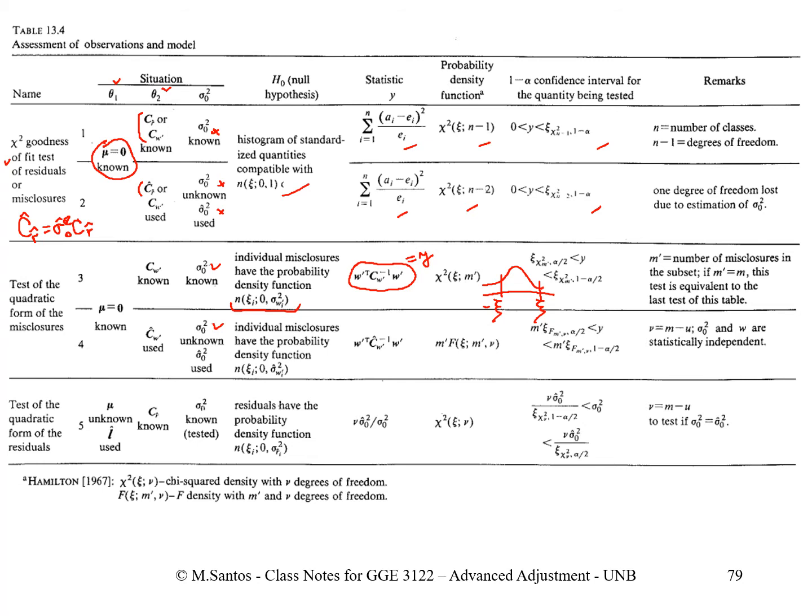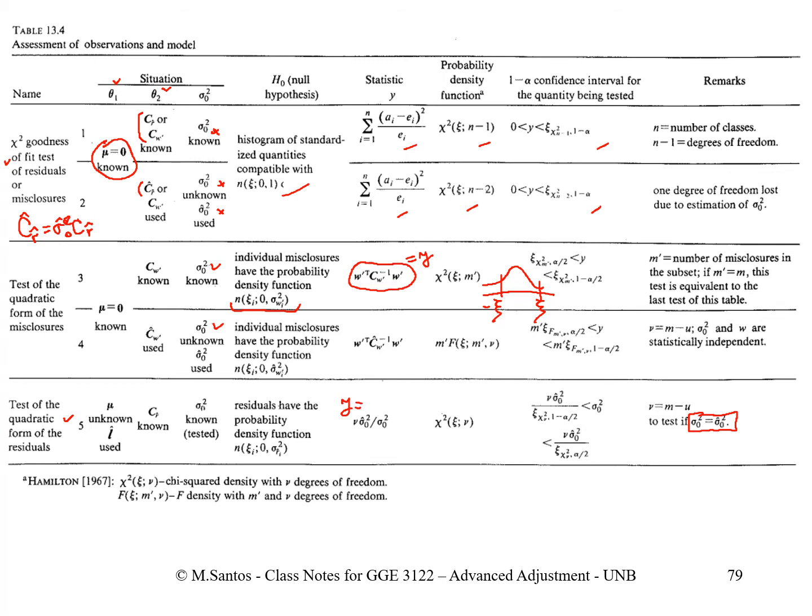And the test of the quadratic form of the residuals is a very intriguing test that we perform, and we're going to discuss the meaning of this test and what to do if it fails. Okay, we are testing again the statistical compatibility between the a priori and the a posteriori variance factor. This is the statistic.